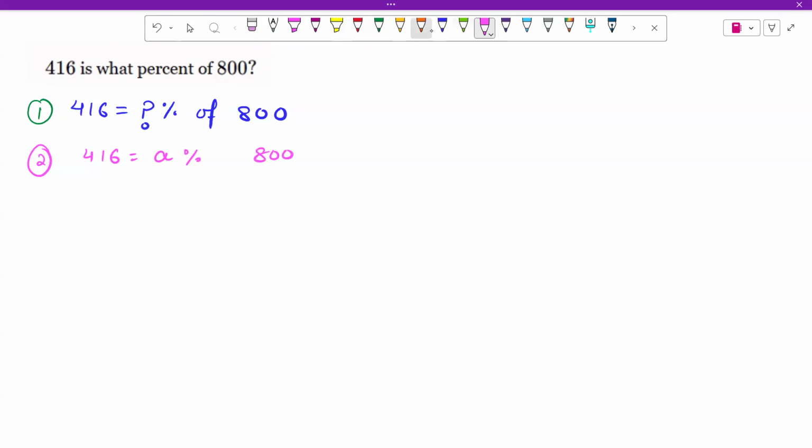So of what we can write off as? Of is a whole. Do you remember this? Of gets converted into a multiplication symbol. Have you done that? For example, half of 50. Half of 15.